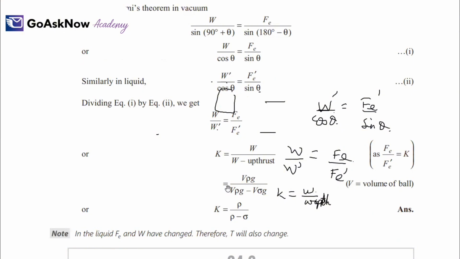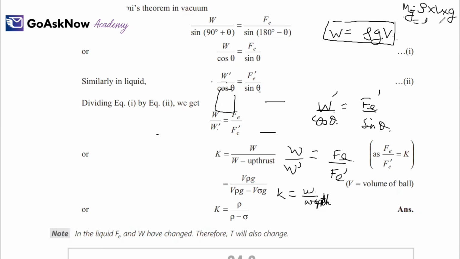You can also see that your weight can be written using the formula rho gv. If you have studied fluid mechanics, the weight formula is rho gv. Because you know that density is mass upon volume, so mass is density into volume. And if you multiply it with g, then you will get weight, because weight is mg.